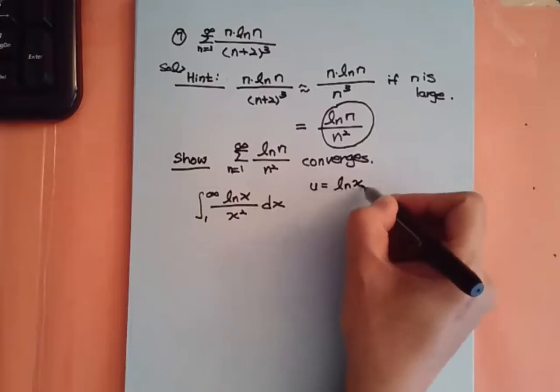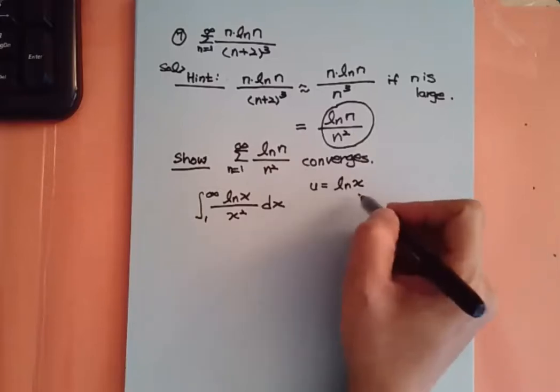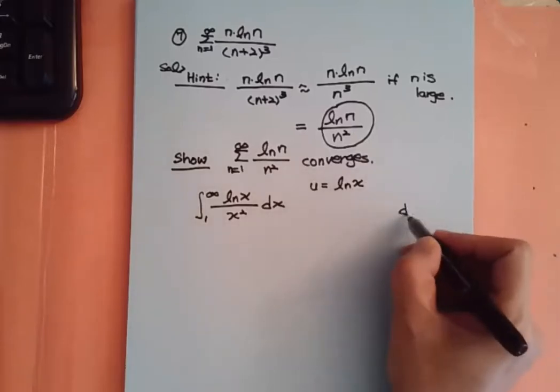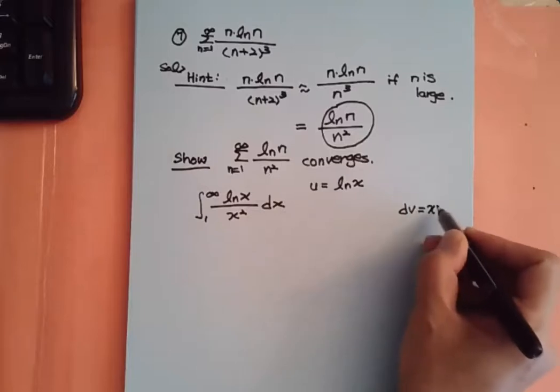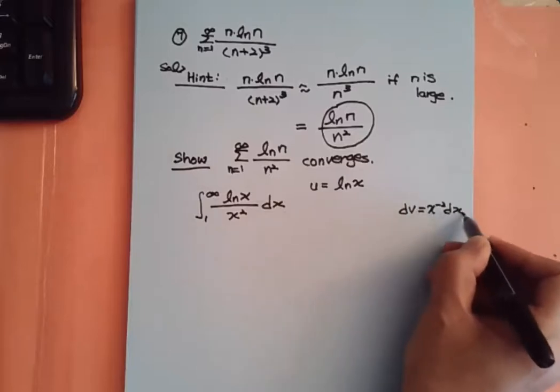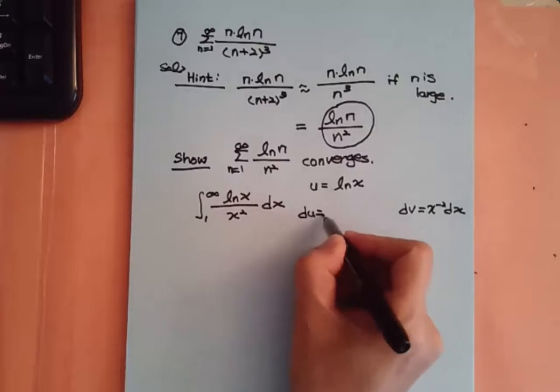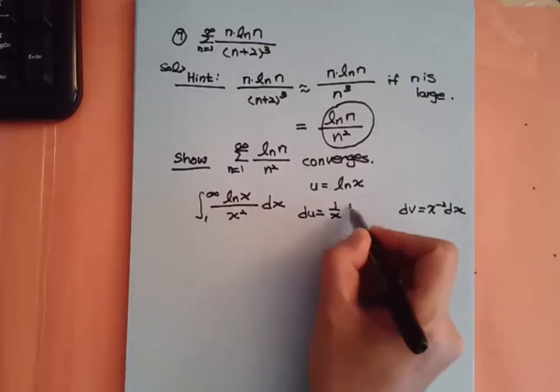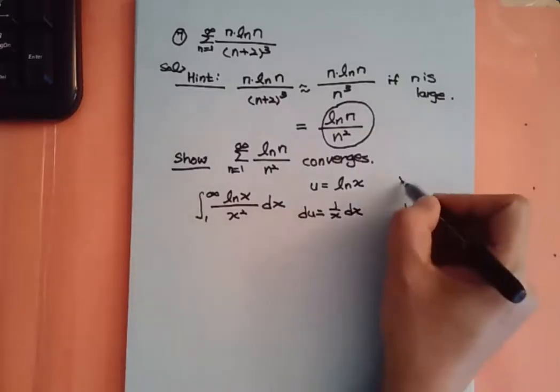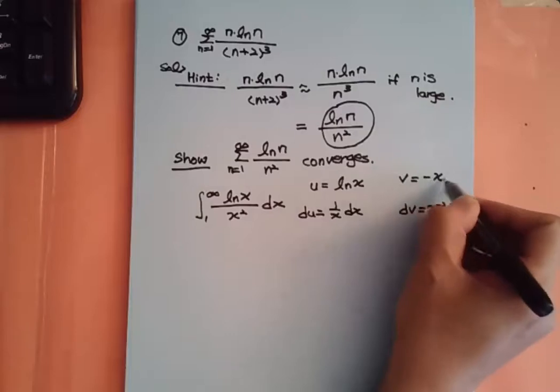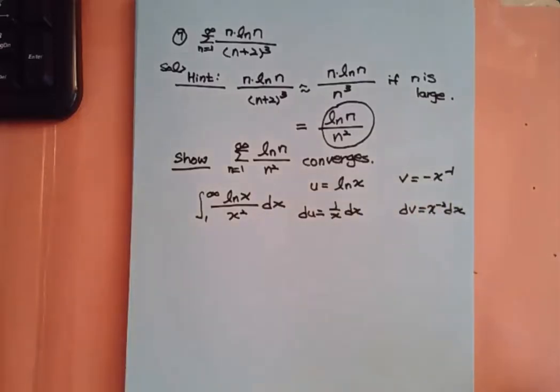We always put natural log of x as u, and then dv equals x to the minus 2 power dx. And du equals 1 over x dx, and v equals minus x to the minus 1 power.